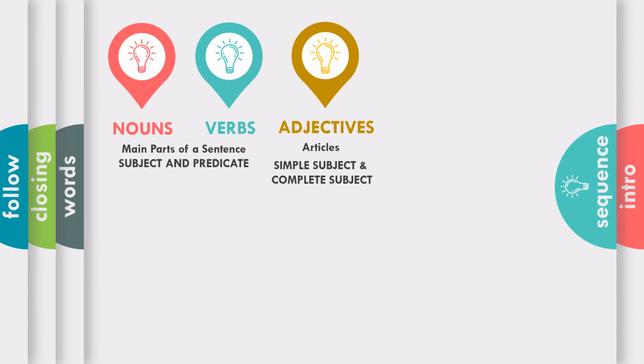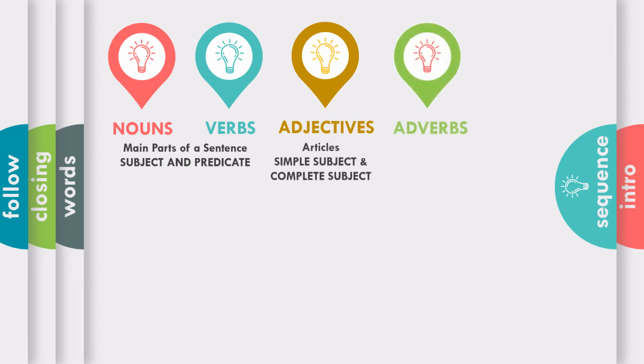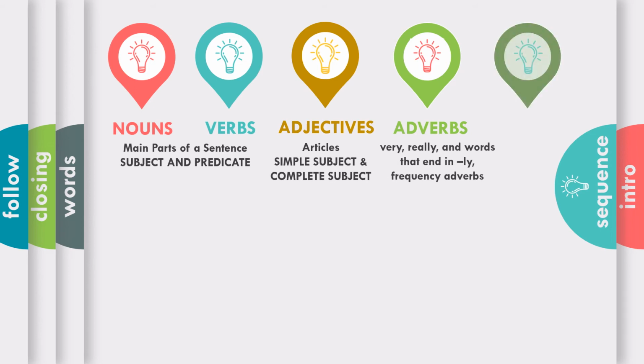When the child understands the function of the adjective, you can introduce the adverb. Now, you can give common adverbs like very and really and words that end in ly and maybe some frequency adverbs, but don't give them too much of the content. So after the adverb, introduce the pronoun.